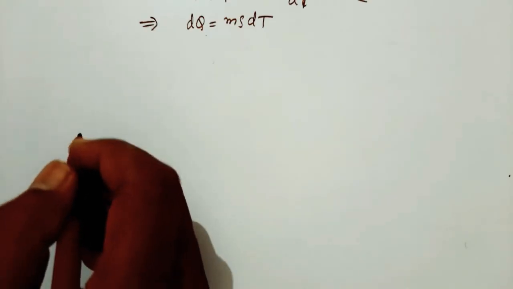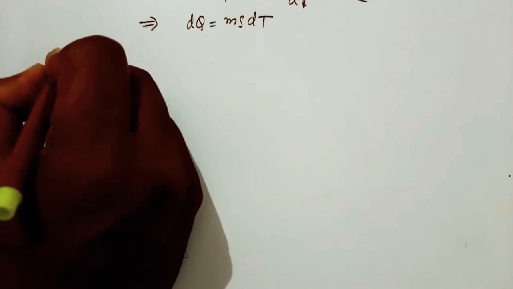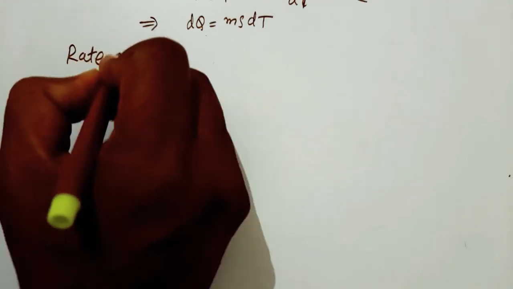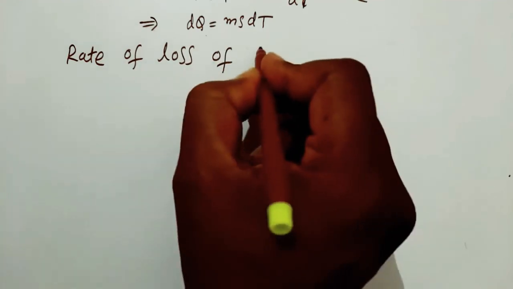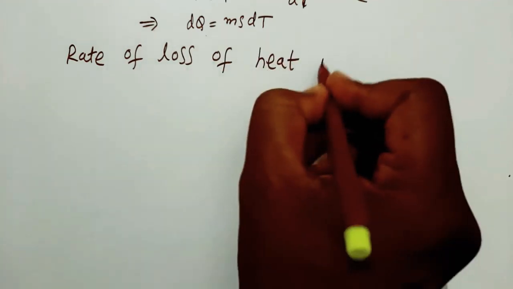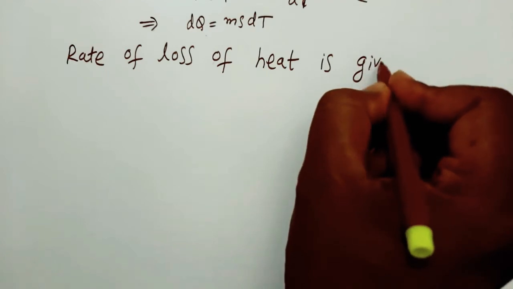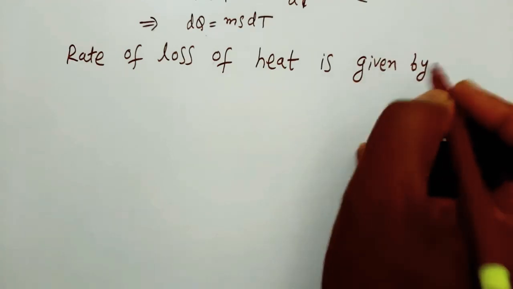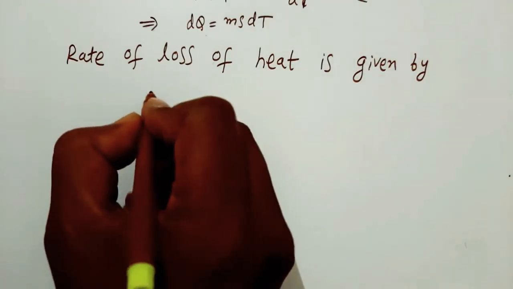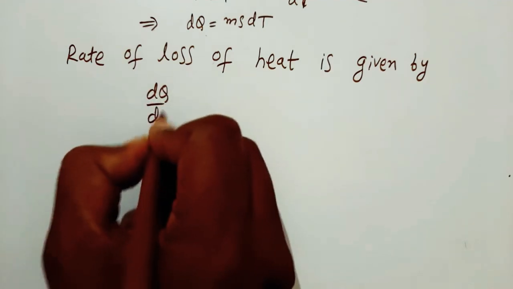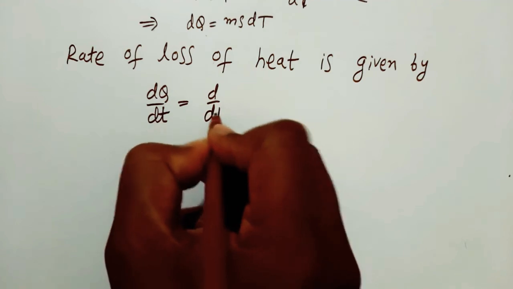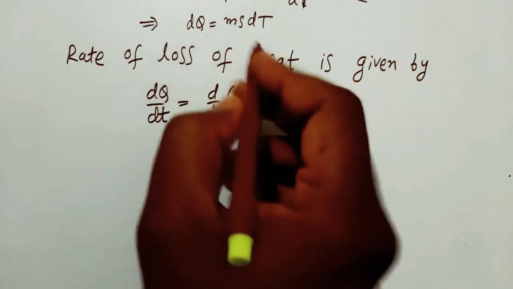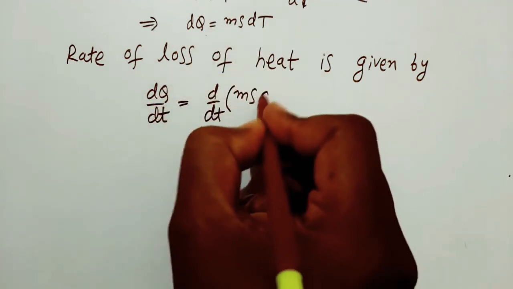The rate of loss of heat is given by dQ by dt, which is d by dt of ms into dT.